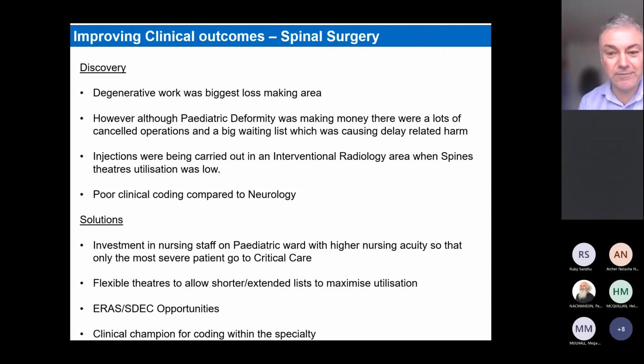So you're planning to lose 2 hours every time you do that. So we've got theatres into the conversation to try and tag other things on the back of those theatre lists. ERAS and SDEC opportunity, that's enhanced recovery after surgery and same-day emergency care. And they appointed a clinical champion for coding within the specialty.